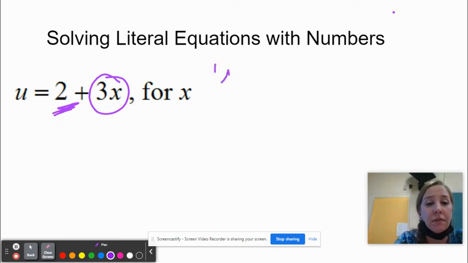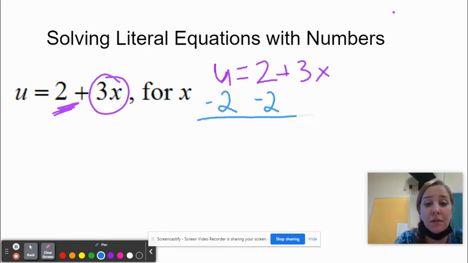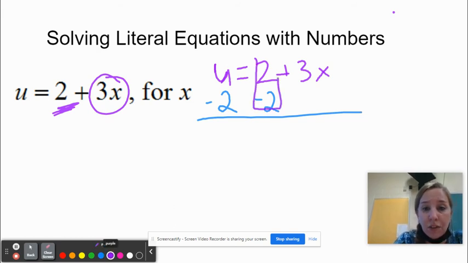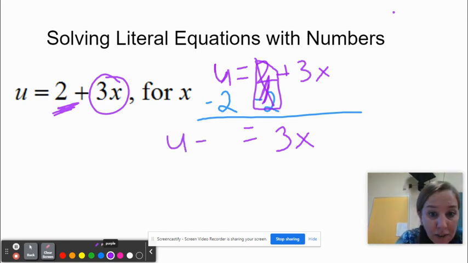We have u equals 2 plus 3x. And this positive 2 needs to be zeroed out. So we subtract 2 on both sides. 2 minus 2 is 0. That's why we did that. We have 3x over here. Equal sign comes down. And u minus 2 is just u minus 2.